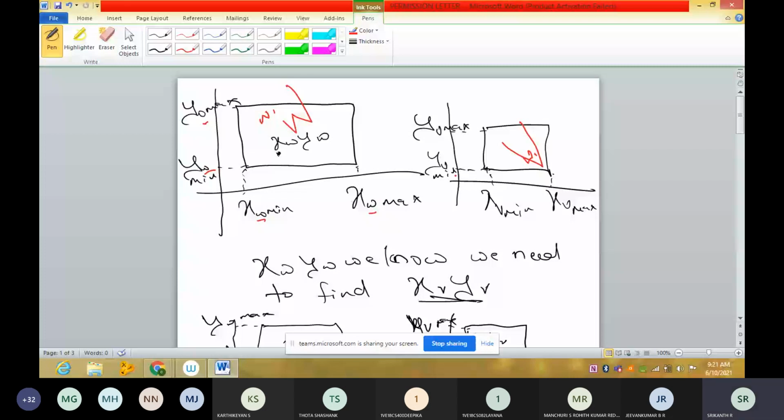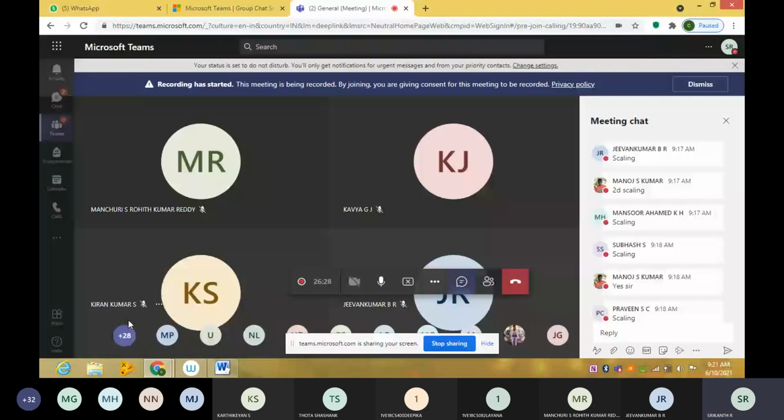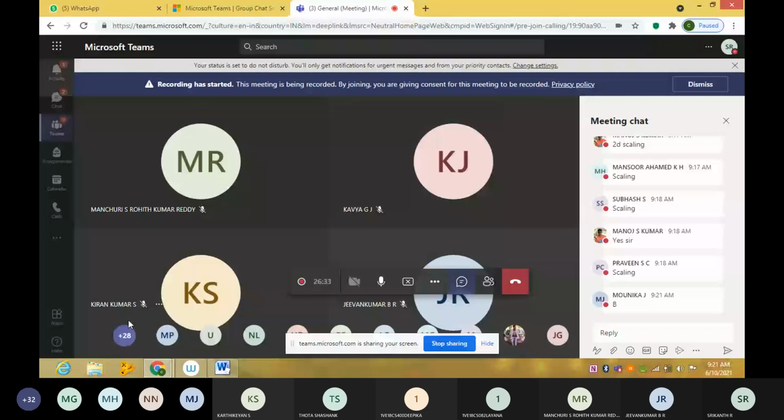Are the boundaries understood? If the boundaries are understood, reply B. Praveen, Manoj, Subhash, Shashank, good Shashank. Kiran, good control. If you listen to the lesson you will understand.